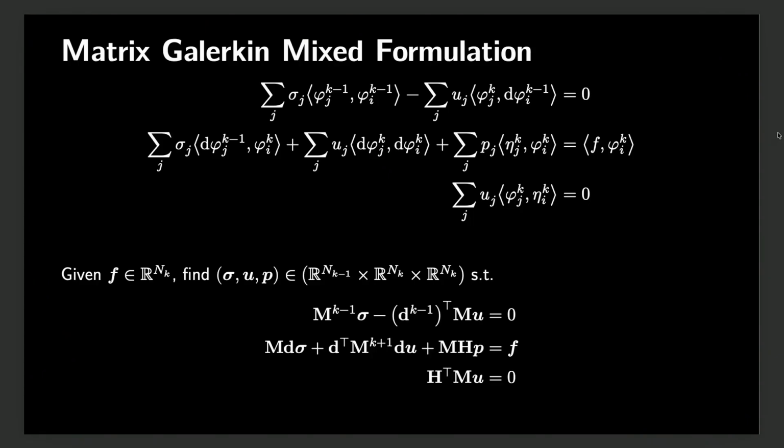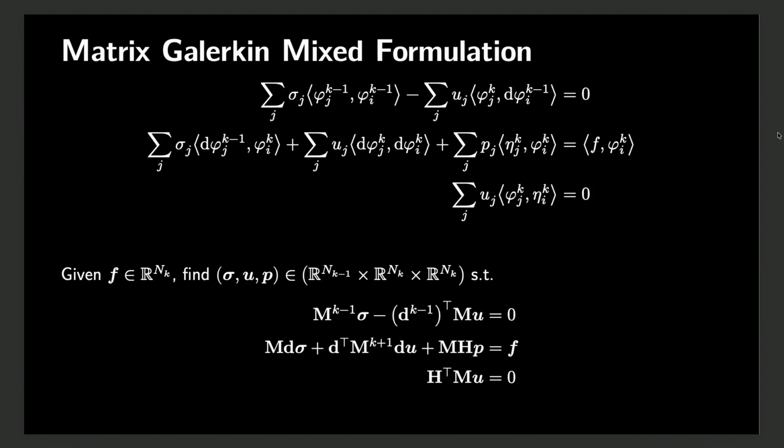And so the only things that really appear here are the discrete exterior derivative. We've seen this is just the transpose of the signed incidence matrix. Quite straightforward. Then there is this matrix M, that's the mass matrix. This is really the only Galerkin matrix you need to assemble. We'll do this next.